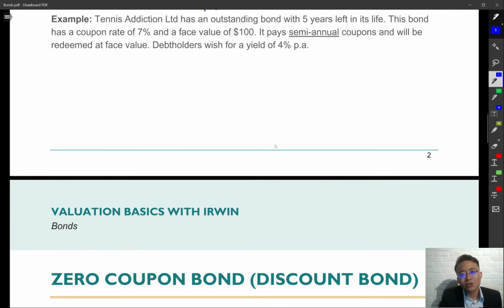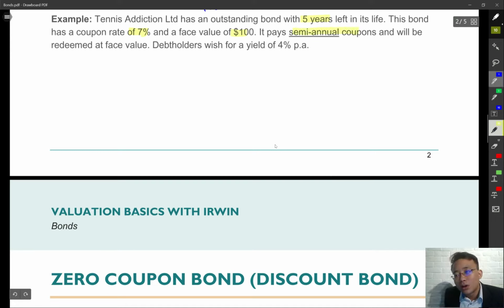Now let's see how SCA can make it a little more difficult. Alright, so let's get to a second type of bond. You will notice it is very similar but with a major difference. Same thing, 5 years. The bond has a coupon rate of 7%, face value 100, but it pays semi-annual coupons.